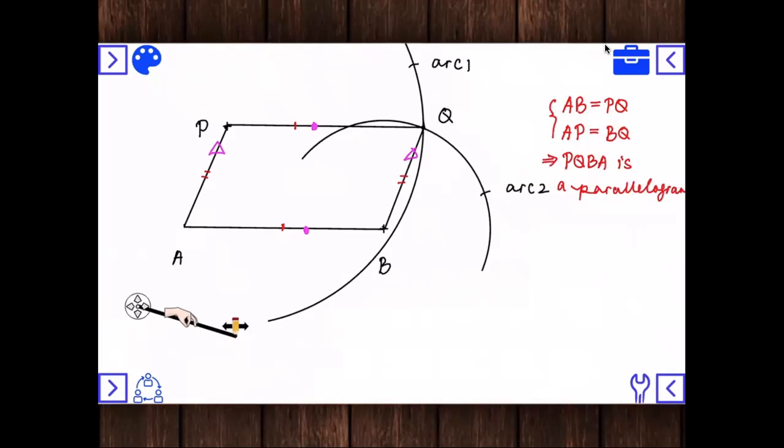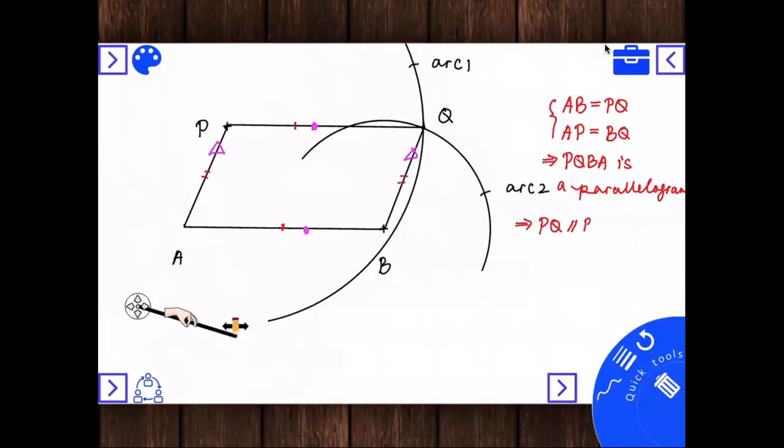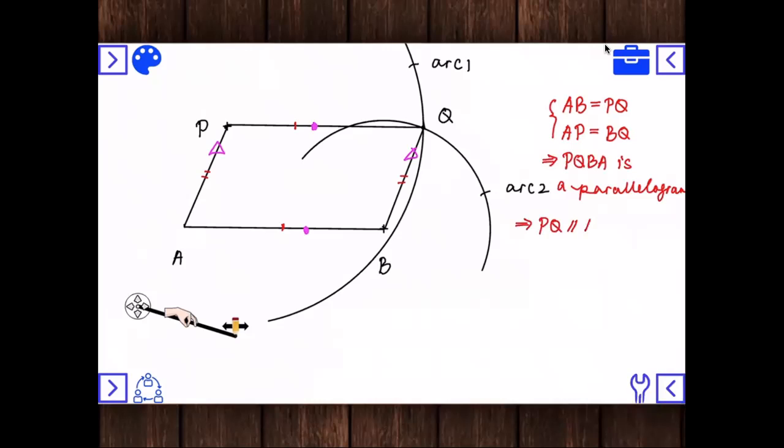Okay, and because PQBA is a parallelogram, PQ is parallel to AB. In mathematics, we use this symbol to represent parallel, okay? And we use this to represent perpendicular, okay? So this is how we prove that PQ is parallel to AB.